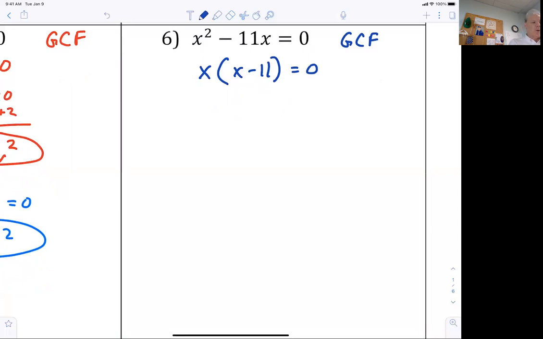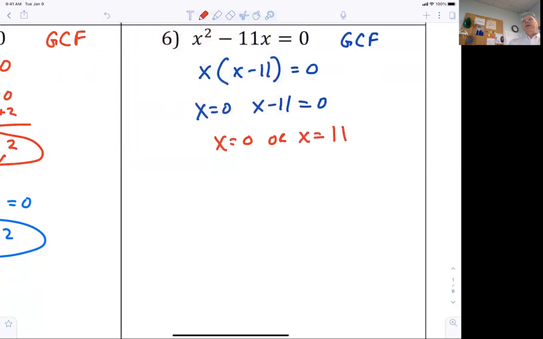So everybody's supposed to write x equals 0, x minus 11 equals 0, and then you solve those individually. But do I make you do that? No, because we are brilliant. If you can't solve those two equations, we're in a lot of trouble. So I would want everybody just to write down x equals 0 or x equals 11.